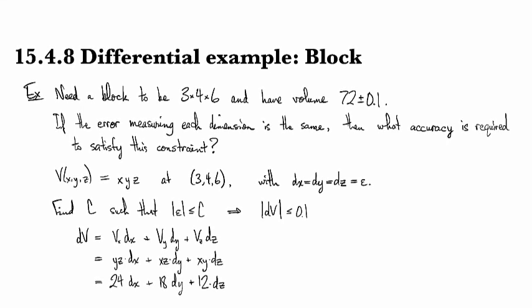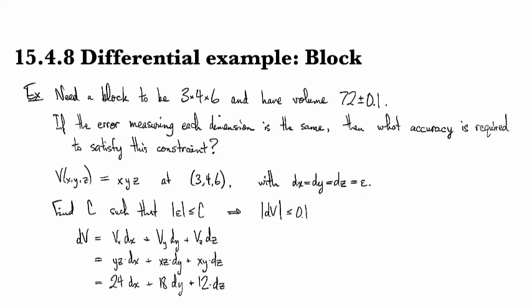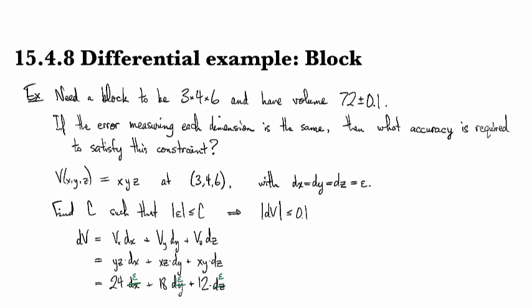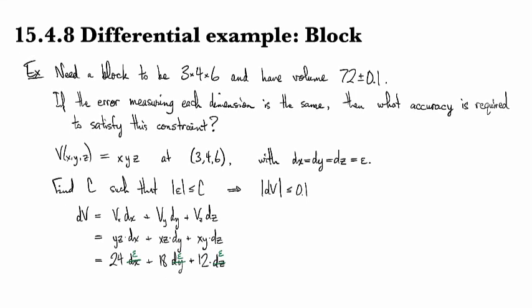and then we also decided that each of these discrepancies is going to be equal. So this is epsilon, this is epsilon, and this is epsilon. And so if we add all those up, we get 54 epsilon.